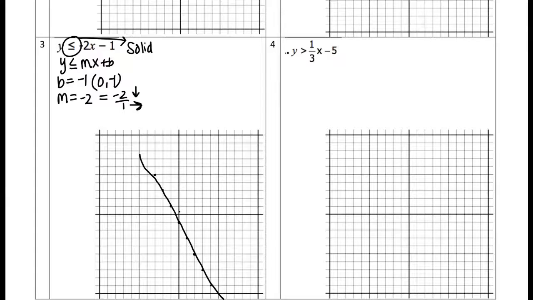And to check (0, 0), I would plug in 0 for x and 0 for y. So I have 0 less than or equal to -2 times 0 minus 1. I know -2 times 0 is 0, so this becomes 0 less than or equal to 0 minus 1, which becomes 0 less than or equal to -1.